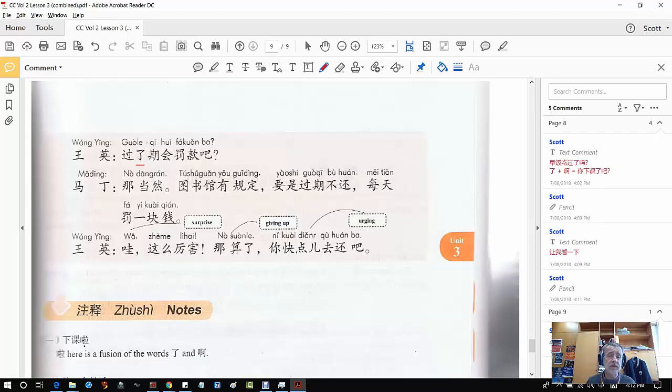If that noun is unadorned, in other words, there's no attributive before it, no other description, it's just a plain noun there, 过了期, as we've said on quite a few occasions before, that just means after it becomes overdue, 过了期. The 会 here, 会罚款吧, 会 means strong possibility.